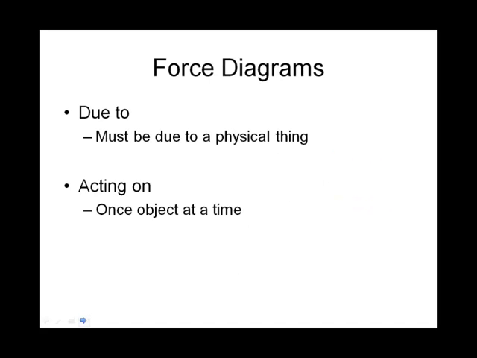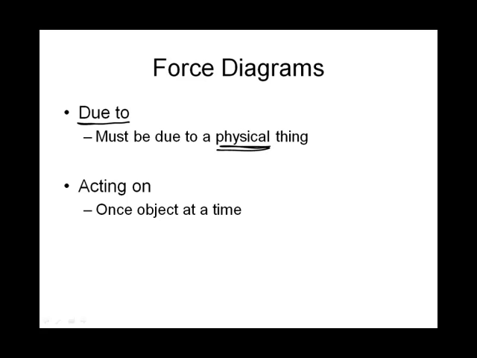So when I define forces, I'm going to talk about what type of force I have. Then I'm going to say what that force is due to. This is a very important process because it's very easy for us to think about forces as we've imagined them over the last 10 to 20 years of our lives or more. And we're interested now in being very particular. We want to be very physicist in how we look at these forces. So forces must be due to something, and that something must be physical.